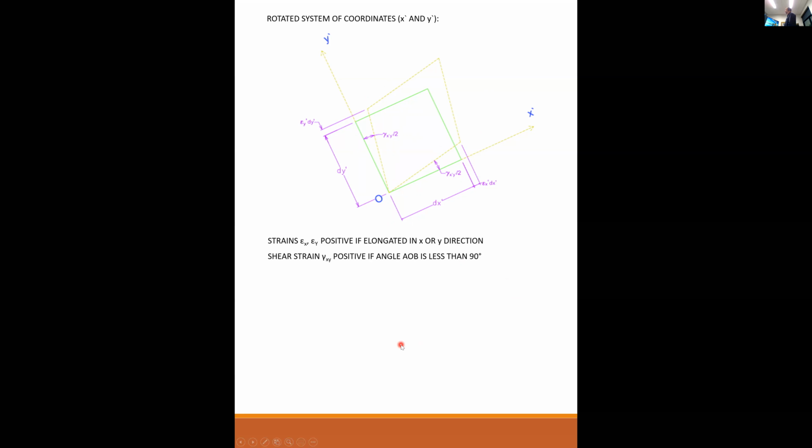Shear strain, gamma xy, is positive if the angle AOB, I haven't marked A and B yet, is less than 90 degrees. Transformation angle is positive if it is counterclockwise, as shown, and negative if it is clockwise. Sign convention follows the same as stress transformations.